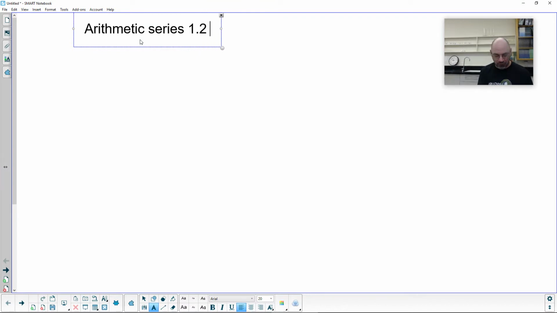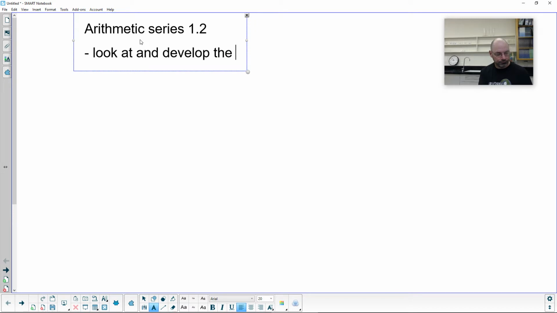What we're going to be looking at today is we will look at and develop the two formulas that come in this unit for the sum of a series. I guess it's an arithmetic series.